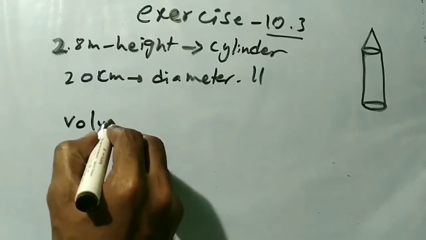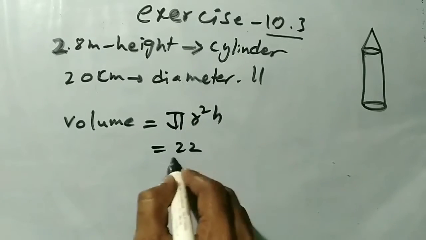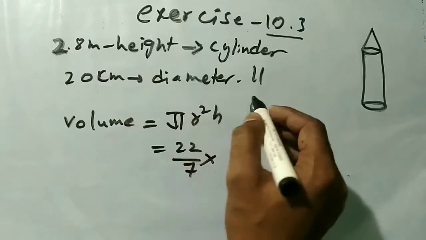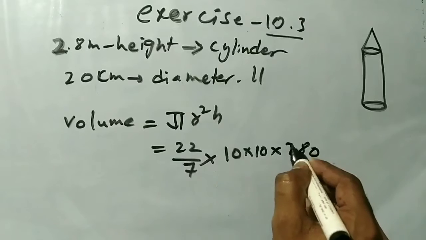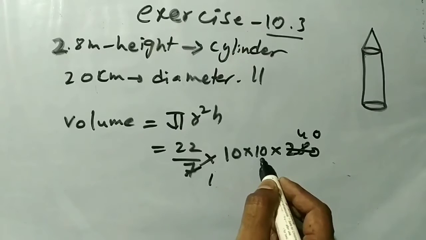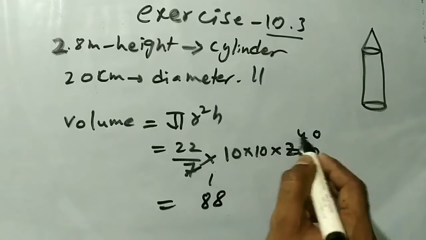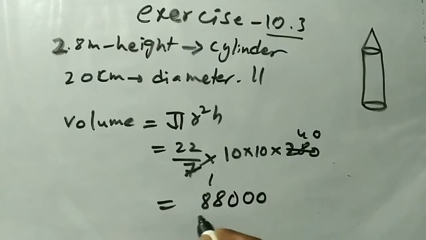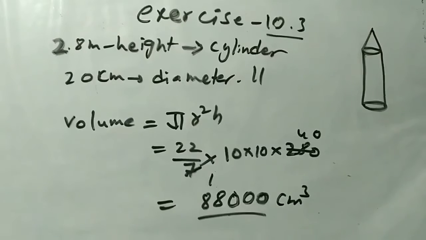Volume of cylinder is pi r square h. 22 by 7 into r, that is 10, into 10, into height 280. 7 ones are 7, 7 fours are 28, 0. So here 100. We get 4 twos are 8, 8, 0, 0. That is 88,000 centimeter cube. This is the volume of the cylinder.